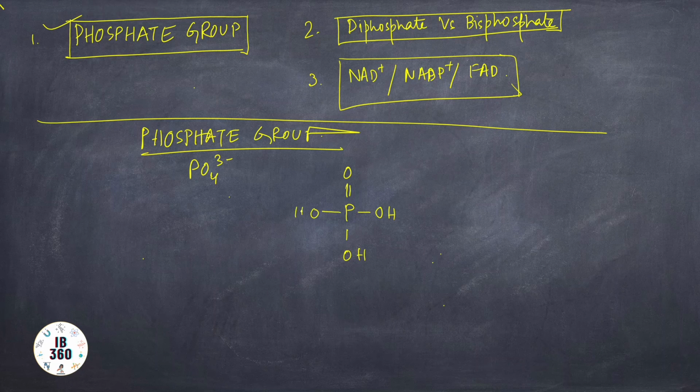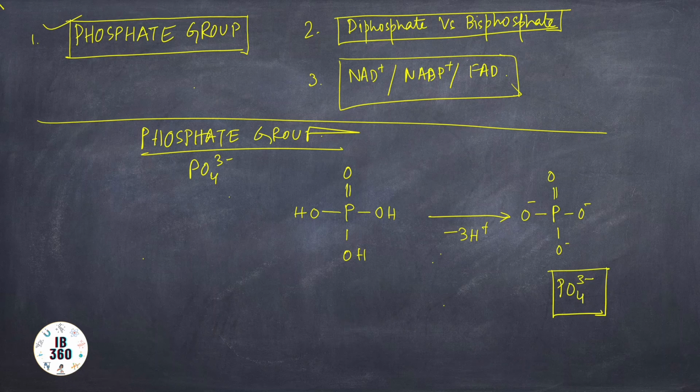So this is phosphoric acid. But when this phosphoric acid loses 3 protons, it forms a conjugate base, that is PO4, meaning 4 oxygen atoms and the central phosphorus atom, with a total of 3 negative charges. So this gives us our phosphate group.